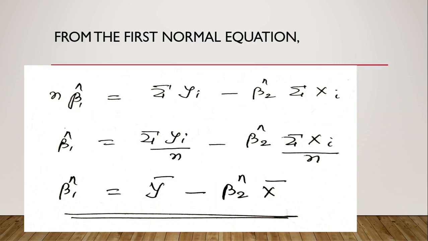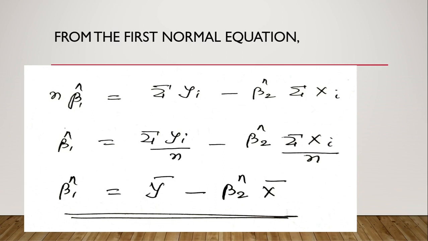So from the first normal equation, we know that n beta 1 hat is equal to, simply rearranging the first normal equation, sigma yi minus beta 2 hat sigma xi.